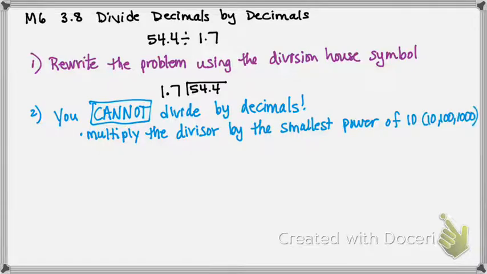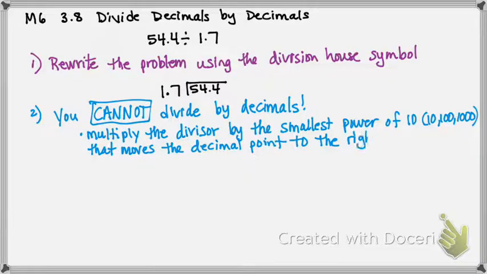It depends on how far you need to move the decimal point, okay? That moves the decimal point to the right, creating a whole number divisor.